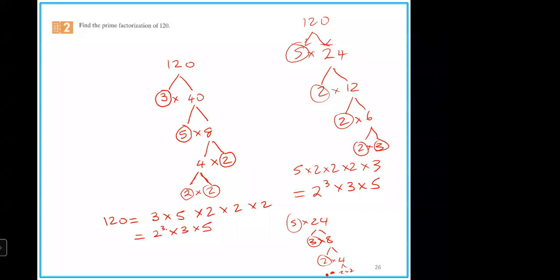So you should be able to get the gist of this then. We identify the prime numbers, and once we end up with all prime numbers and can't break it down any further, we write it as a product of its prime factors, and that's your prime factorization.